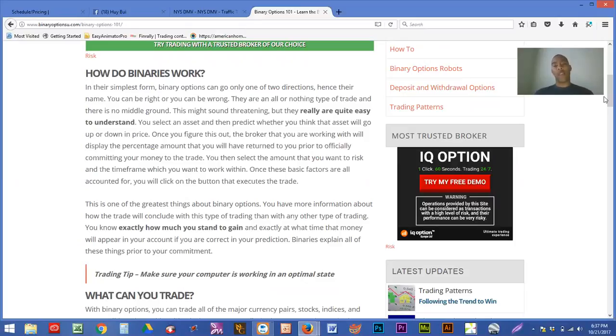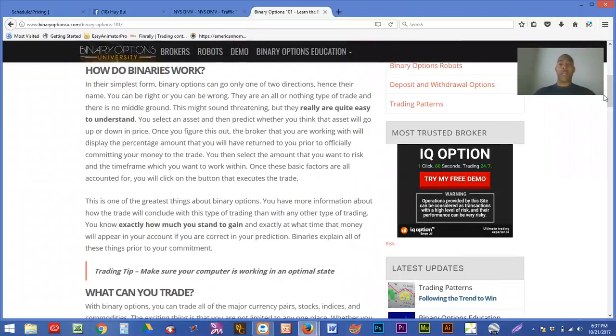So I always say that binary options are simple, but it's not always easy to execute the strategy. You want to make sure that you're following the strategy and you have a game plan before you execute your trade. And that's what we call discipline. Discipline is having a set of rules that you work within in order to be successful.